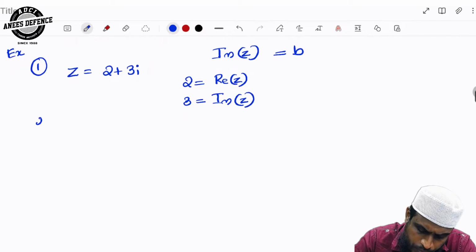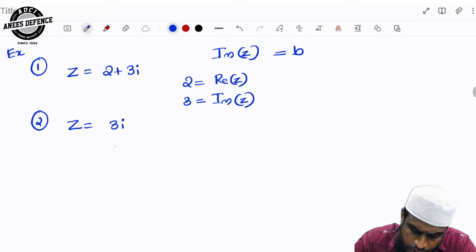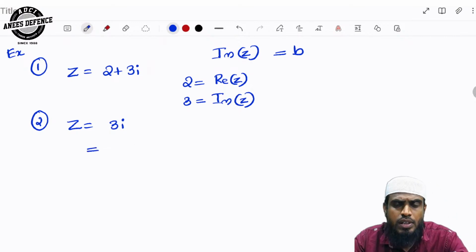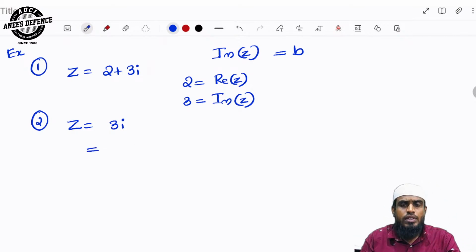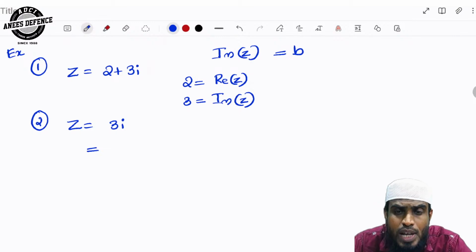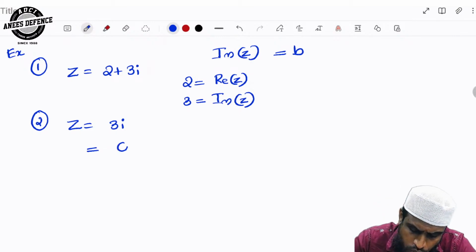Another example, Z equal to 3i. Here you can see there is no real part, that means 0 is the real part. So this can be written as Z equal to 0 plus 3i.